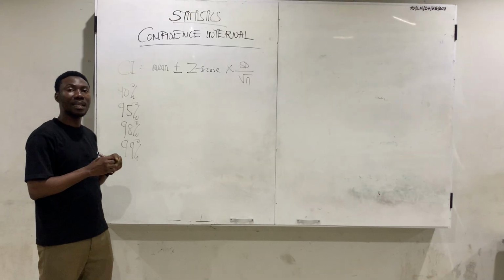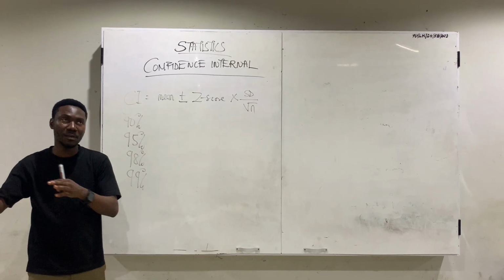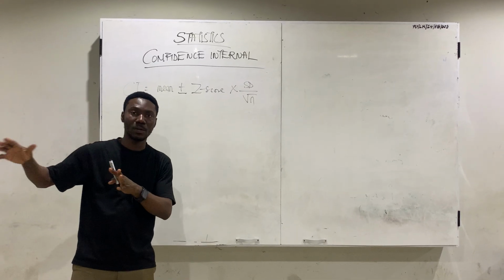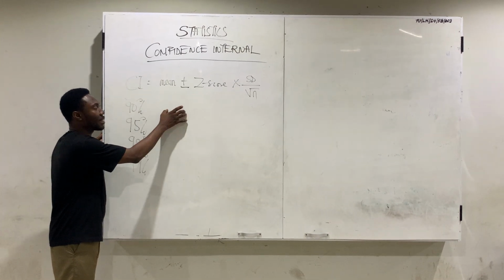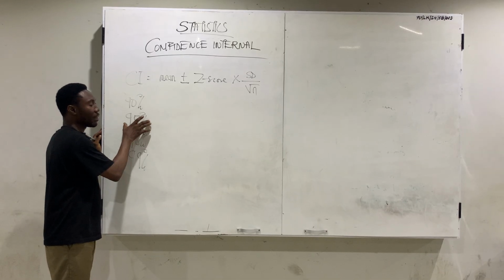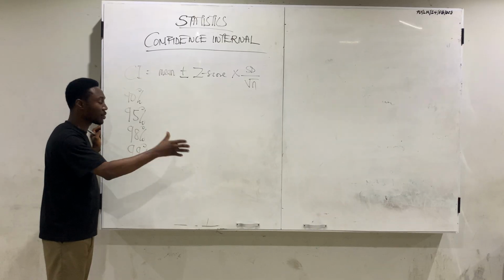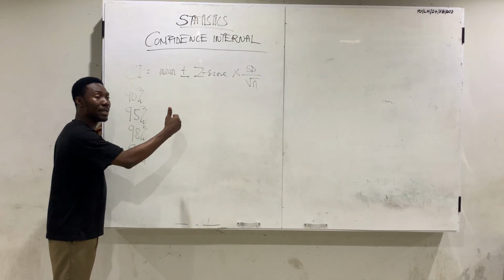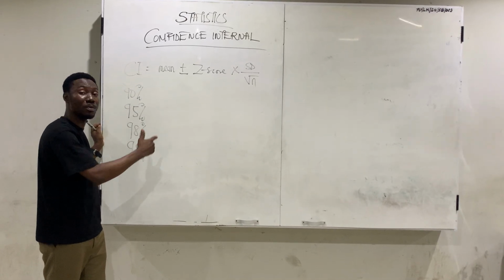Each confidence level corresponds to a certain significance level. The significance level in statistics represents the error margin. So for 90% confidence, the significance will be 10%. You just subtract it from 100. For 95% confidence, the significance will be 5%. For 98% confidence, it will be 2%. And for 99% confidence, the significance will be 1%.